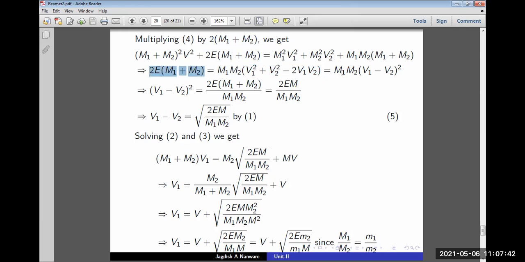Finally we have this. So from this expression you find the square of the difference of the two velocities, V1 minus V2. So this is 2E m1 upon m2 divided by m1 plus m2. What is capital M1 plus M2? This is capital M, from equation 1. And take the square root. After taking the square root, we have the difference of these two velocities.